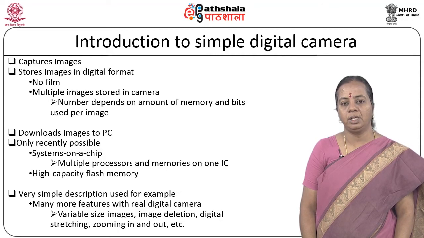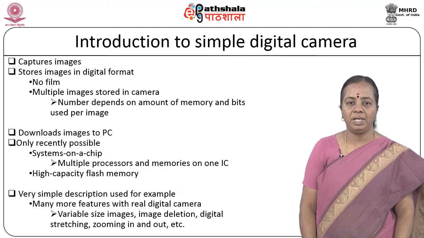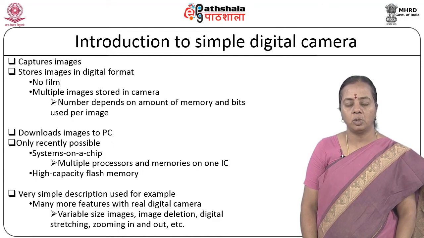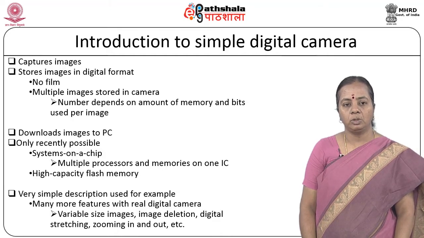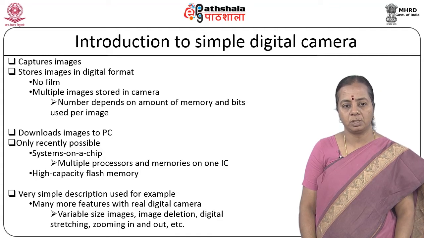We can store multiple images in the camera, as many images as can be accommodated by the memory. The number depends on the amount of memory as well as the bits used per image.